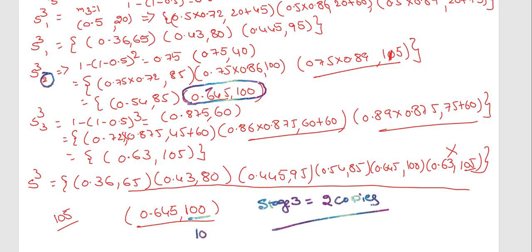What is the remaining cost? Stage 3 we are maintaining 2 copies. So 2 into 20, 40. So the remaining cost is 60. Okay. In stage 2, where is this cost present?